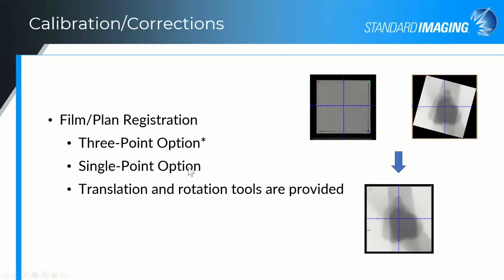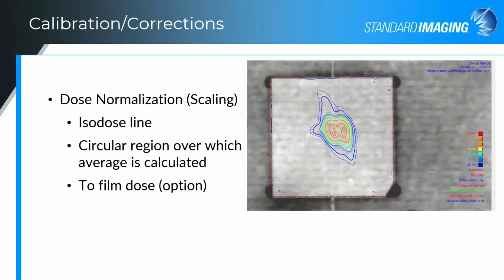There's also a single point option, and then as well there are translation and rotation tools provided to create a manual registration as well. The previously described mechanism of course can be used, but nonetheless dose normalization can easily be adjusted or scaled within the Ray software.